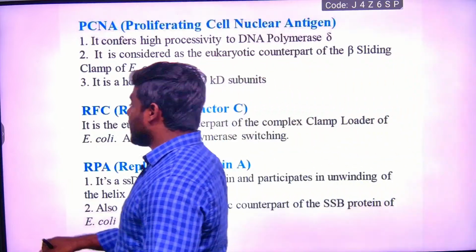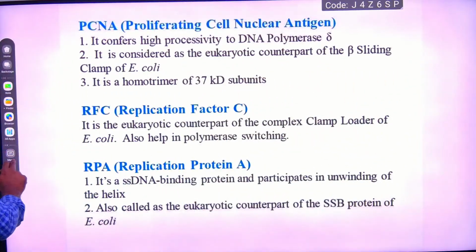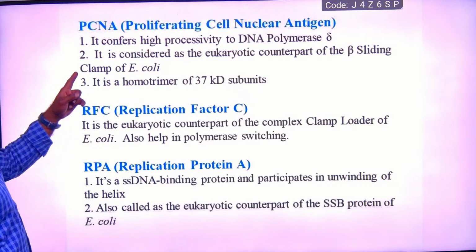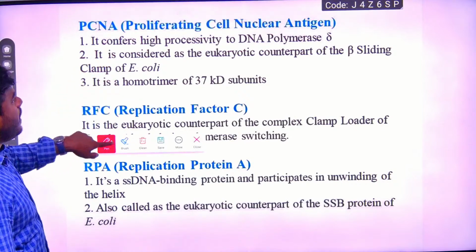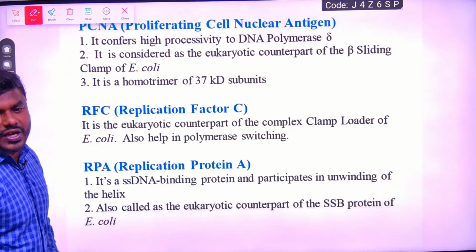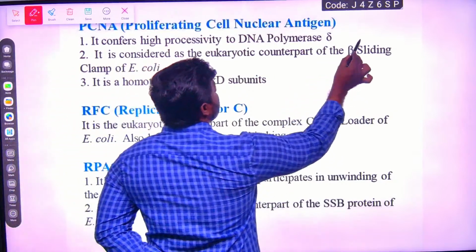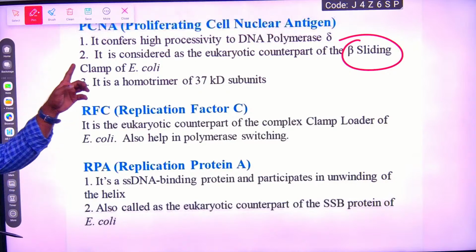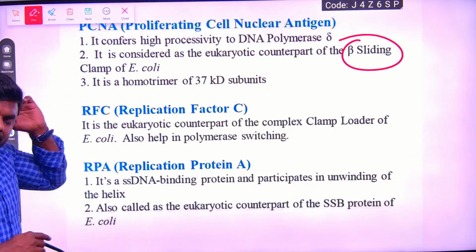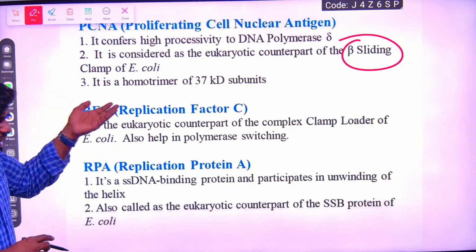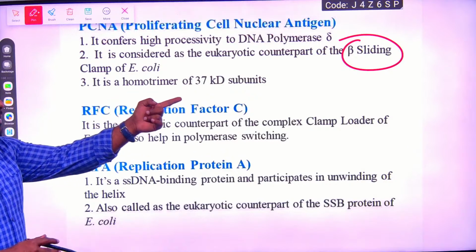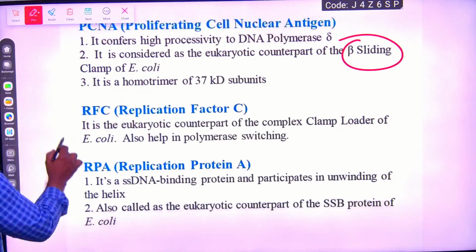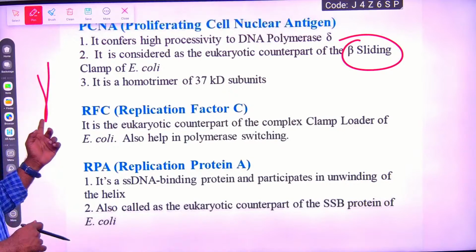Now, what is the function of the PCNA that we studied? PCNA is generally called proliferating cell nuclear antigen. Whatever the function performed by the beta sliding clamp, the same function is performed by the PCNA. In prokaryotes, to load the beta sliding clamp, we have the clamp loader, which we call the gamma complex.